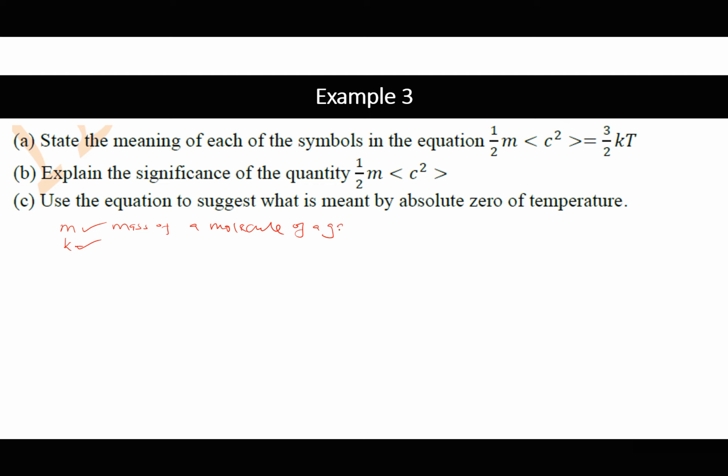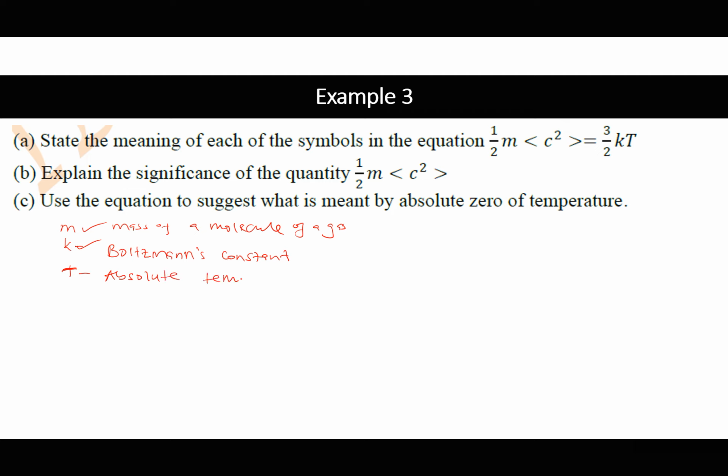We even saw this in astrophysics, Boltzmann's constant or Stefan-Boltzmann's constant. And T should be absolute or thermodynamic temperature.